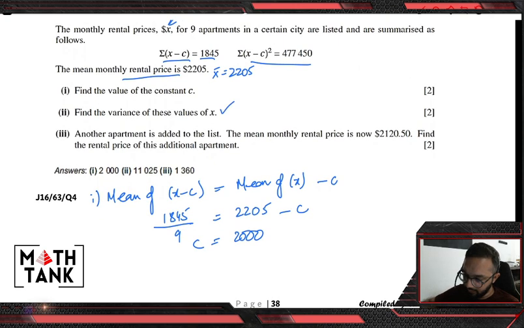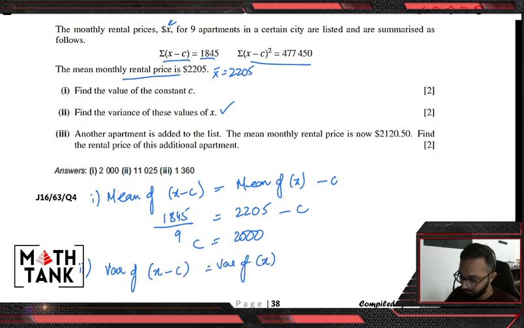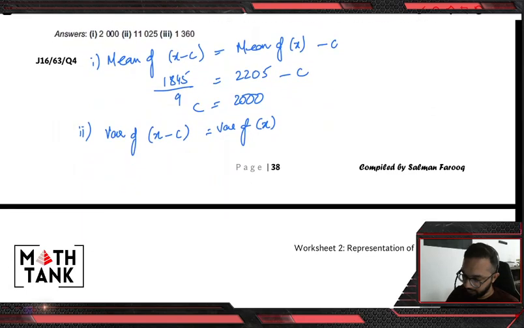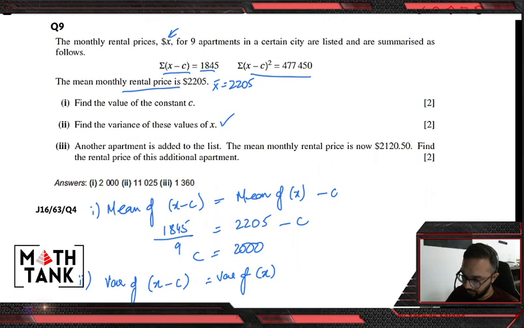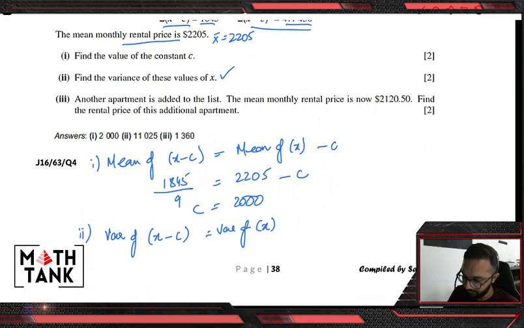Then it says find the variance. So what I just need to do is plug in the formulas. I want to find the variance of x, so I'm going to keep that as the unknown. I have 477450.